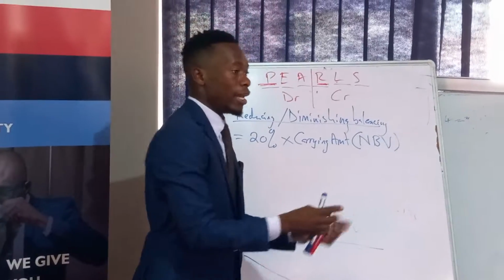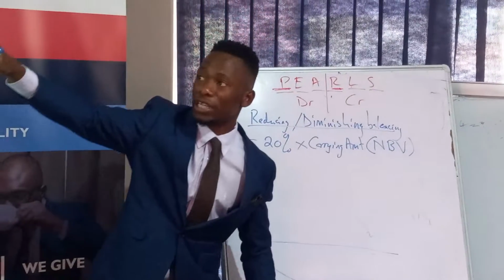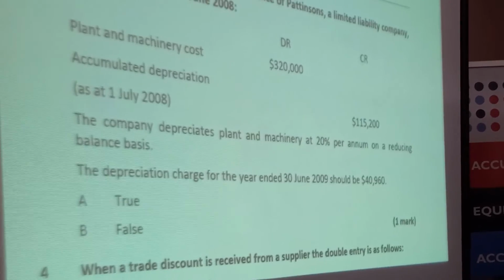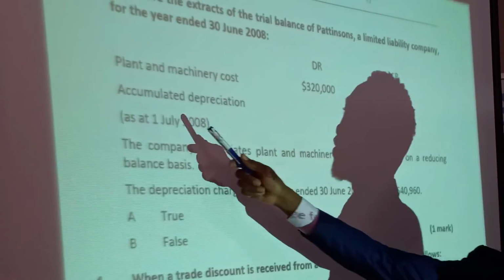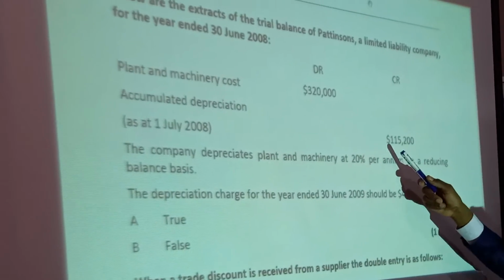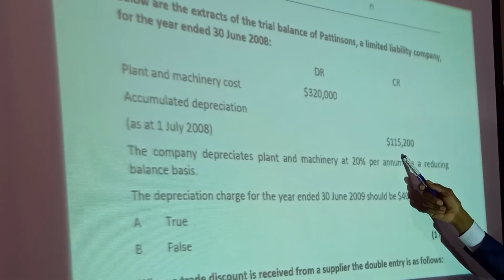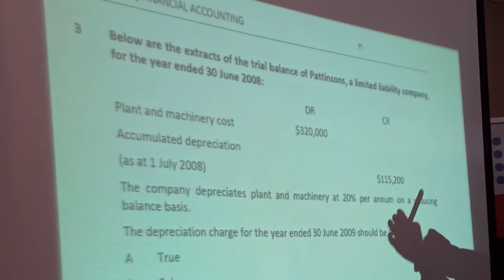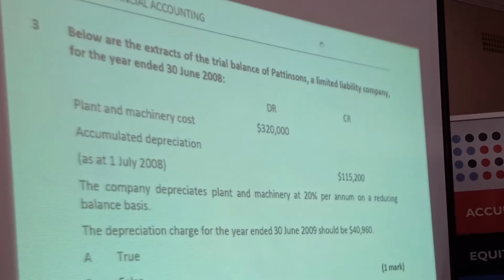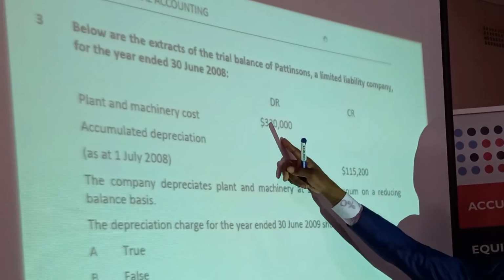When you're looking at the carrying amount, we are looking at the value of the asset like now. When you purchased the asset, looking at the question, it was worth 320,000, right? But it has depreciated in total. The accumulated, in total, it has lost its value by this amount. So when we say let's multiply with the carrying amount, we are now looking at the value of the asset like now, not before, not when it was new.